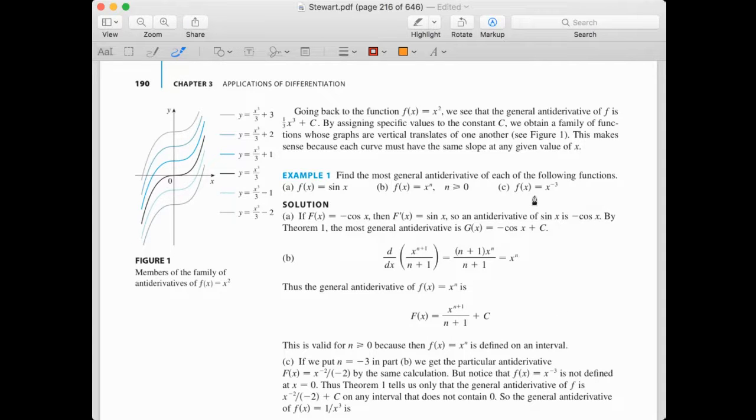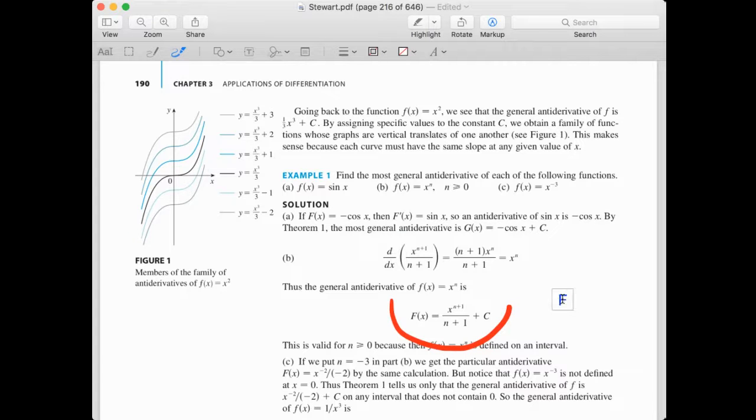So let's look at 3. So x raised to negative third. We think whose derivative is x raised to negative third. What we do is the antiderivative power rule. It's exactly here.